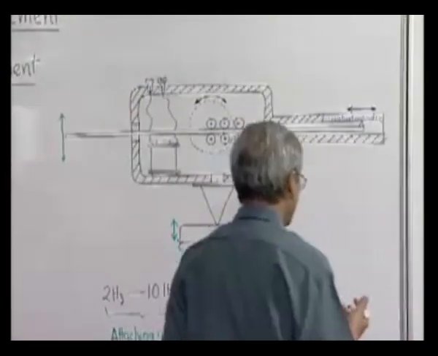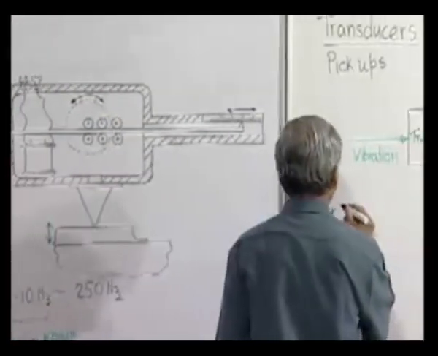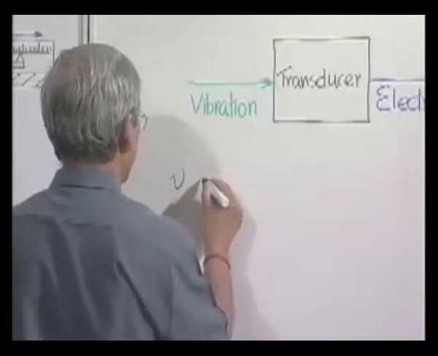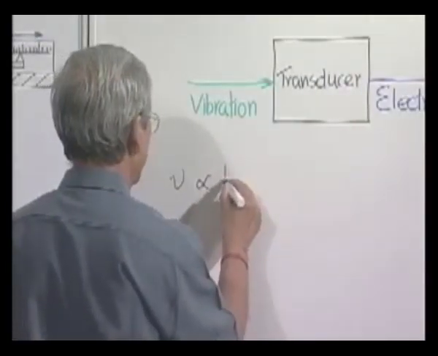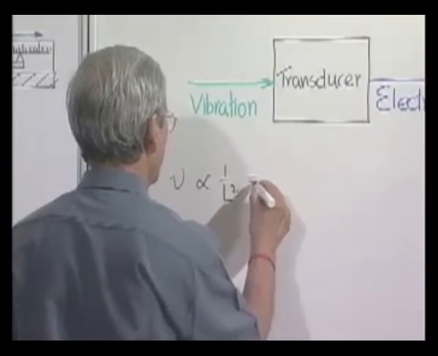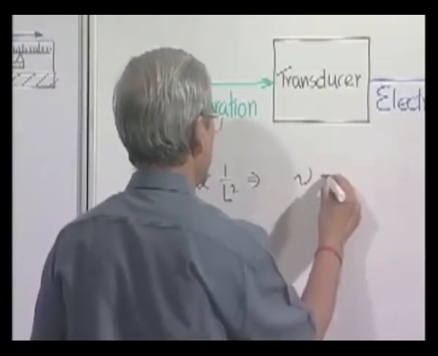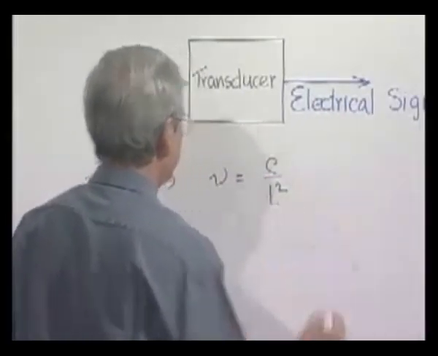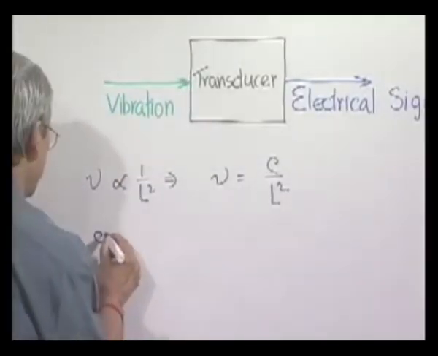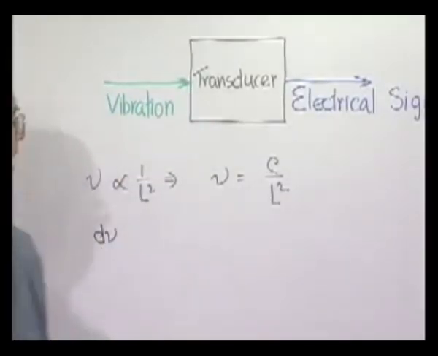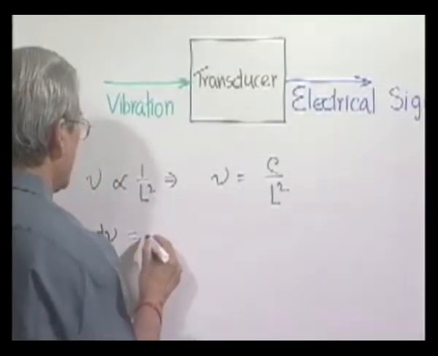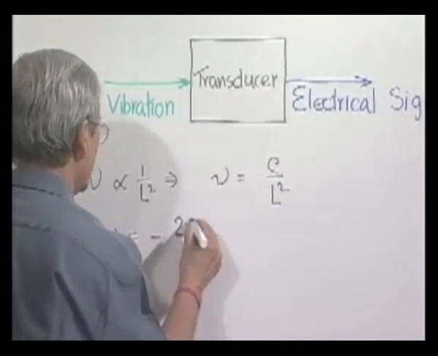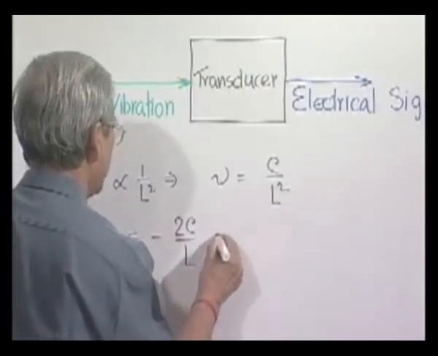Now it can be easily seen that if we say natural frequency is proportional to 1 by L square, or natural frequency is equal to some constant C by L square, then a small change in natural frequency, d nu, will be equal to minus 2C by L cube dL.